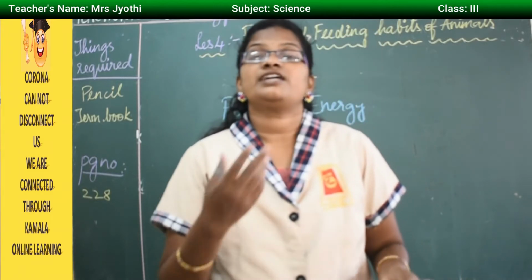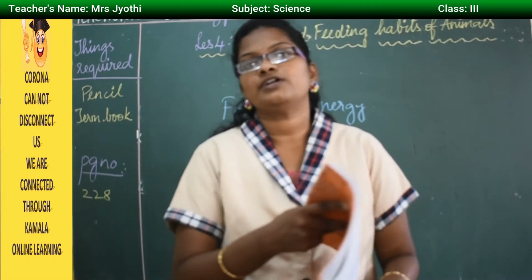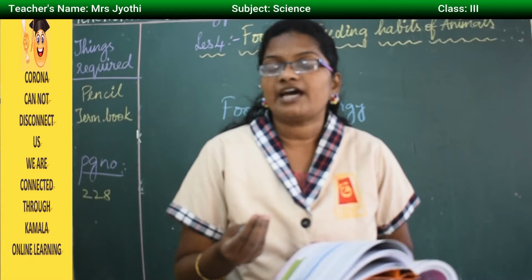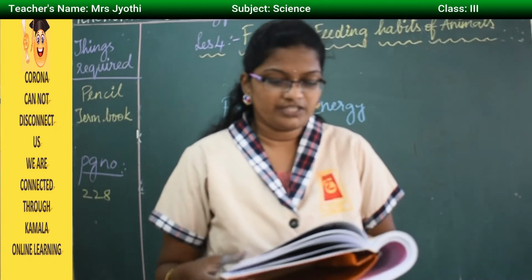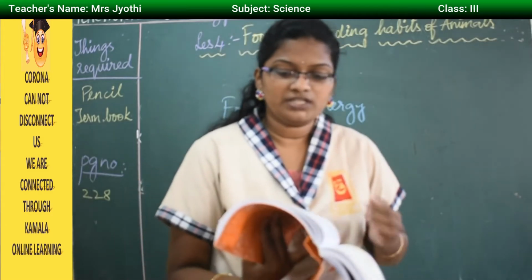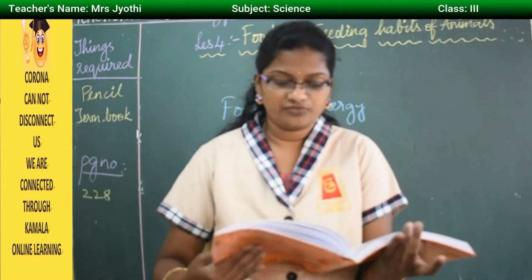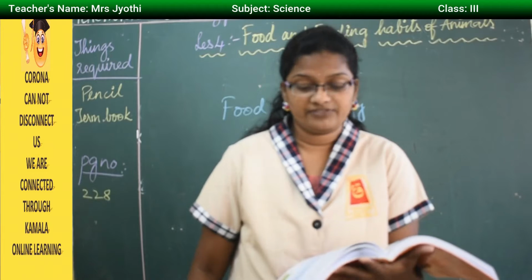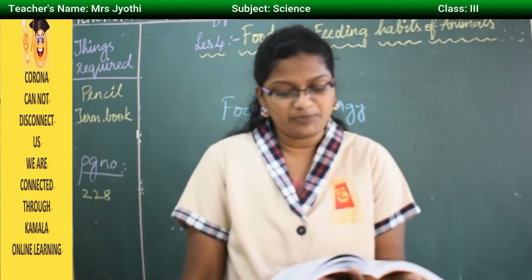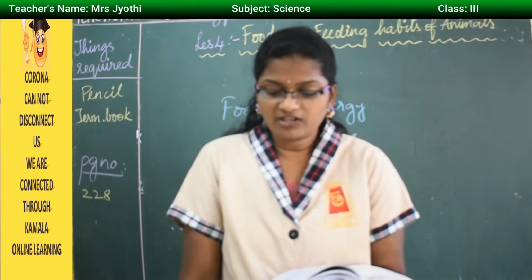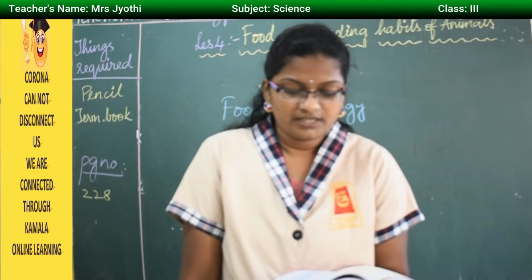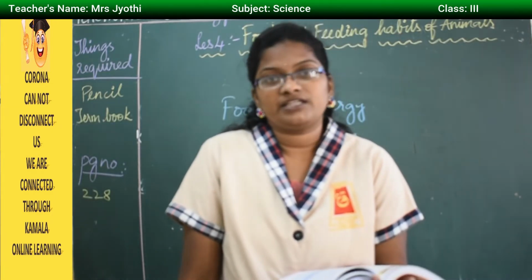Here, each and every living thing needs food, but their eating habits and the food they eat are completely different. So in this chapter we are going to learn about the different types of food that different animals eat. We will also learn about the specific features of animals that help them in eating the food.